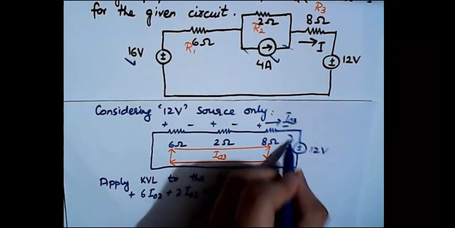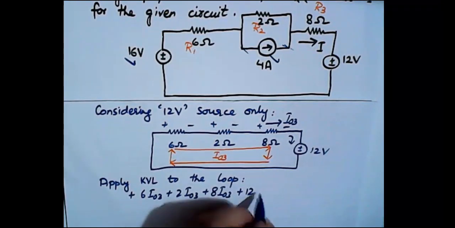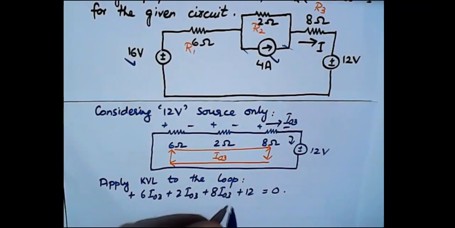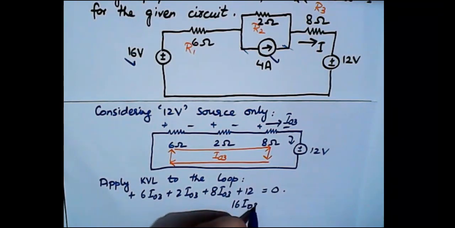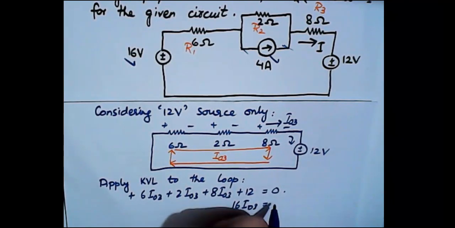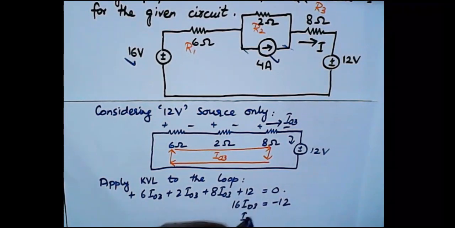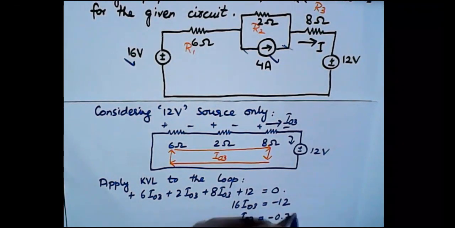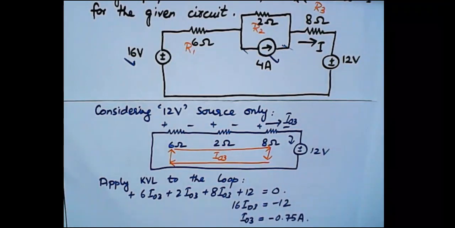Here you can see that the current is entering the positive sign, so it will be plus 12 is equal to 0. 6 plus 2 plus 8 is 16, right? So 16 I03 is equal to minus 12, so that makes I naught 3 is equal to minus 12 divided by 16, right? So the answer for it is minus 0.75 amperes.